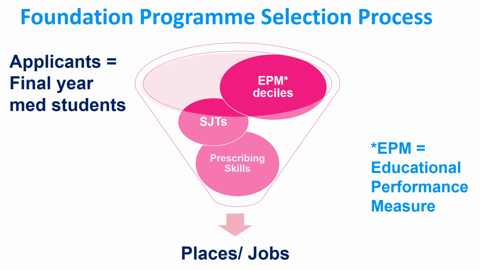Within the UK Foundation Programme, a combination of SJTs and Educational Performance Measure deciles conferred by the medical school are used to rank candidates, with the top-ranked candidates being offered their choice of location and rotations, that is, a combination of specialty placements.